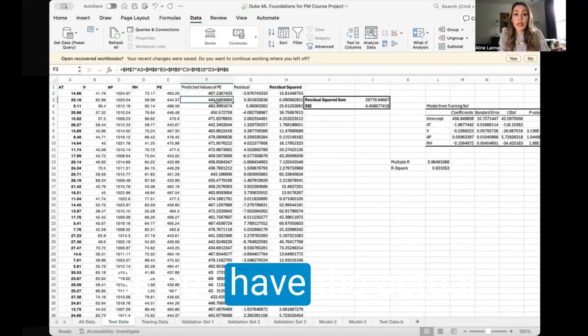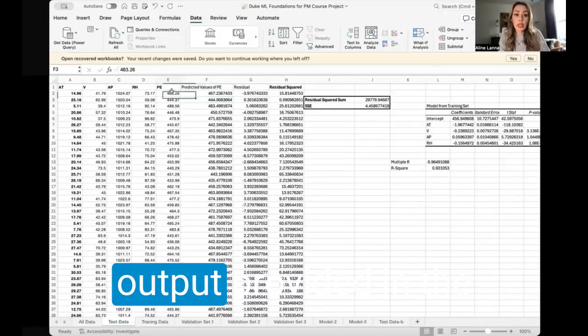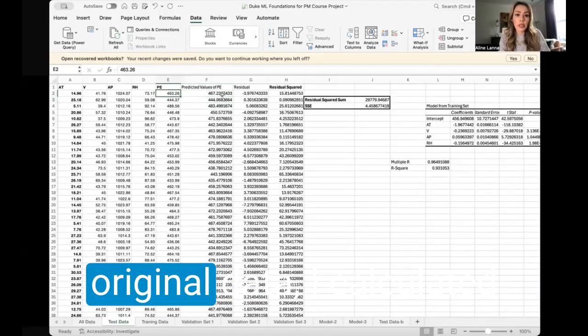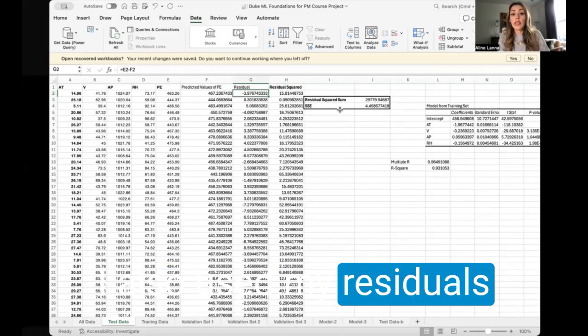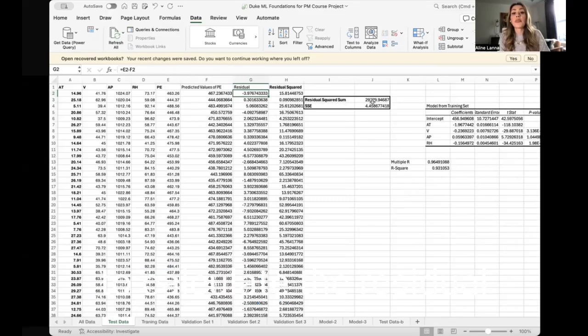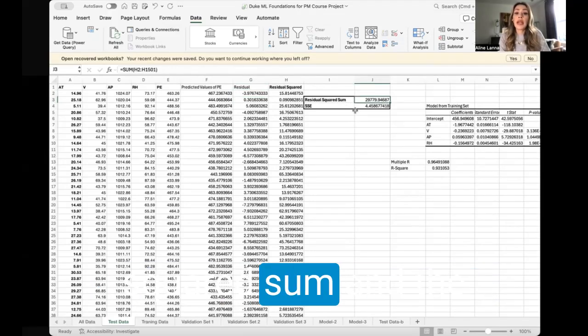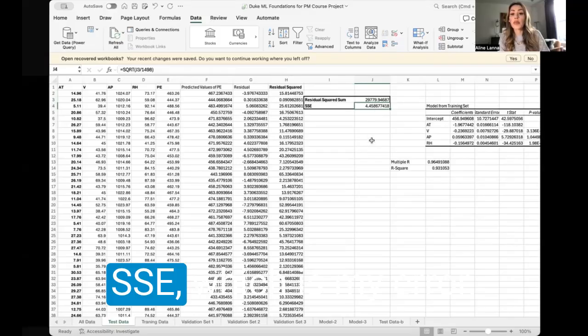Since I have the actual output provided in the original data, I calculated my residuals from it. I also used my residuals to calculate the residual square sum and the SSE, which is my error.